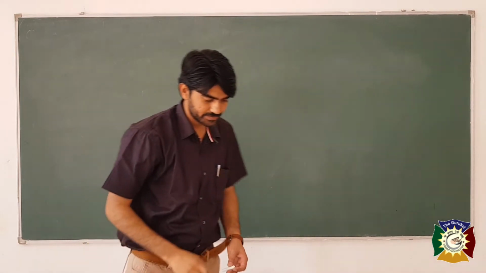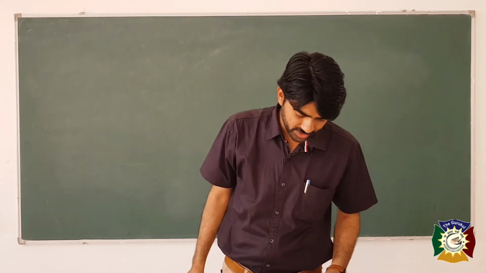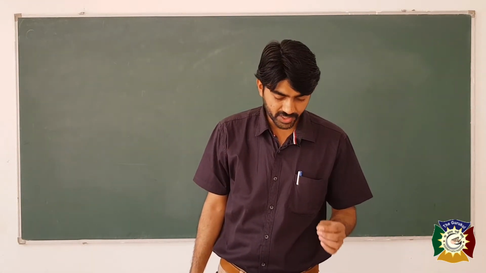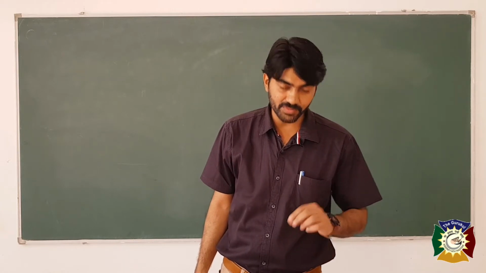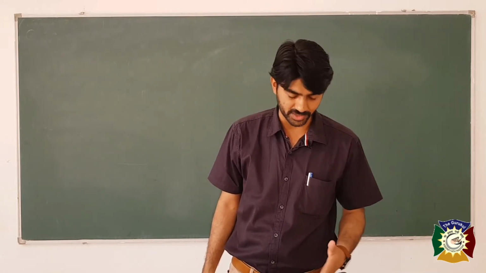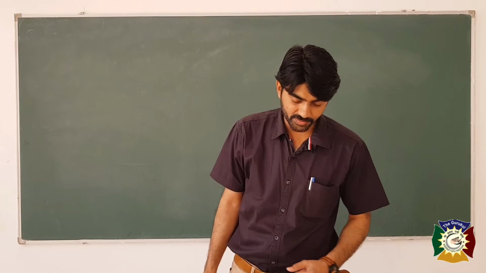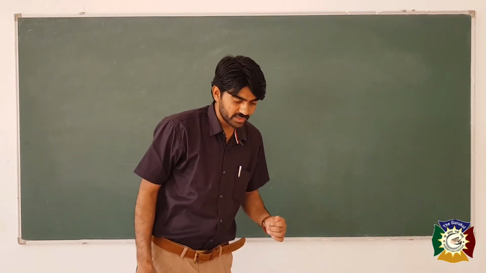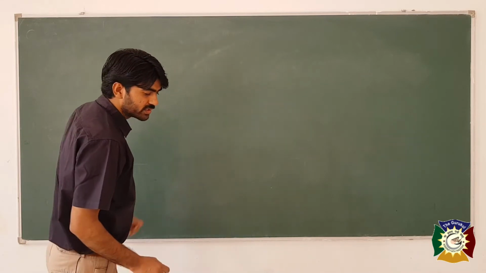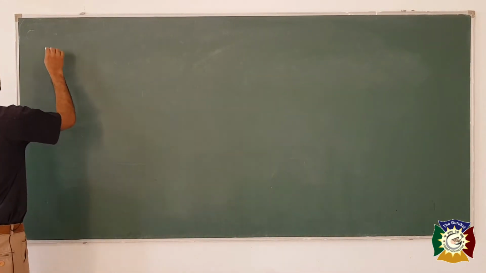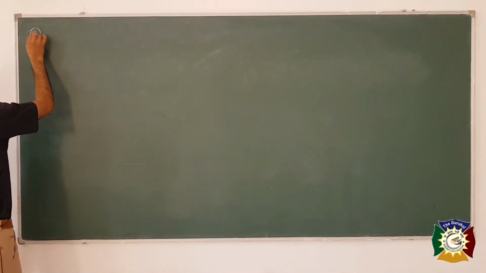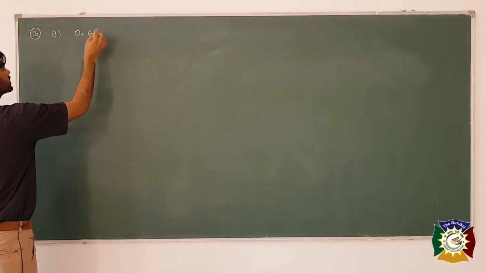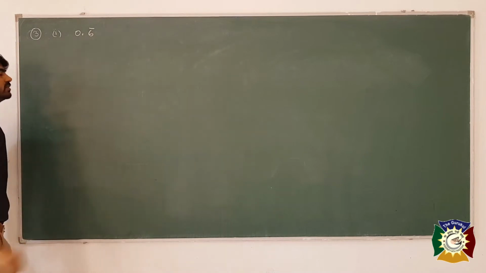Third, express the following in the form P by Q. Now we are given decimal numbers and we have to express them in P by Q form. So the first number given is 0.6 with a bar on 6.